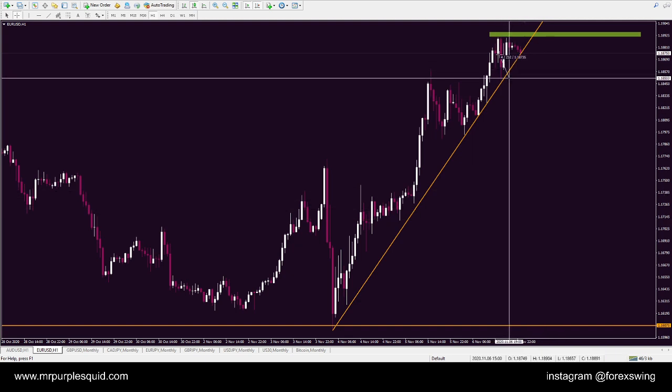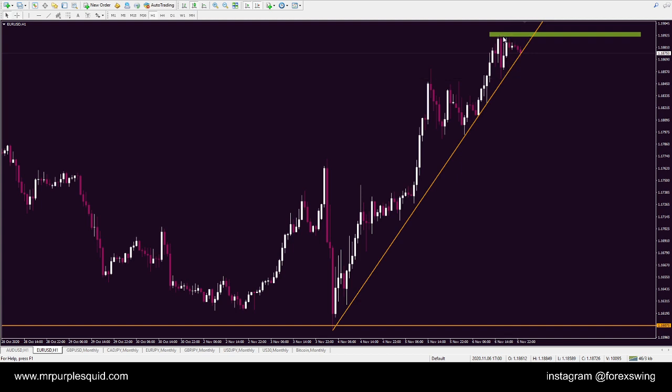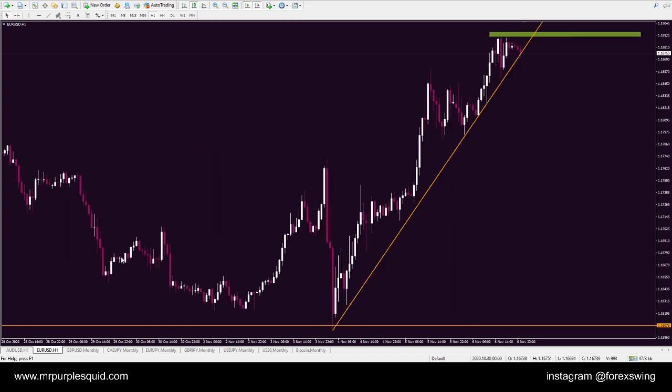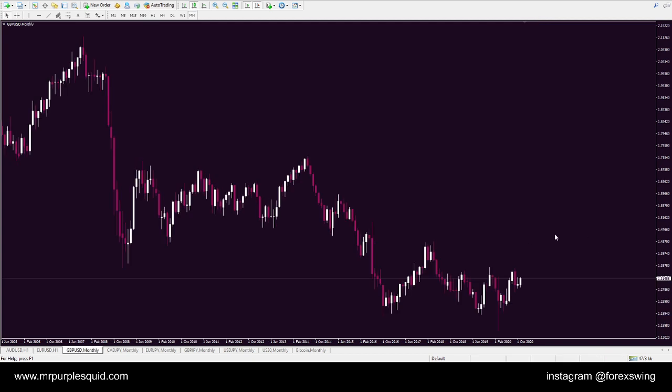From here, how many pips? This is 40 pips. Yeah, go do that. Definitely do that. All right. So strong break, buy.